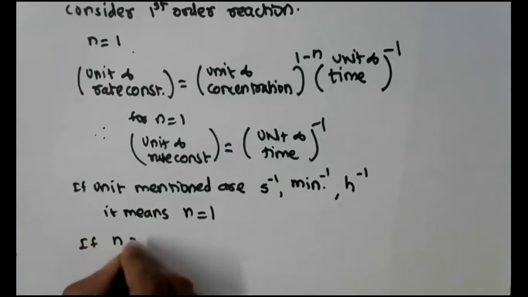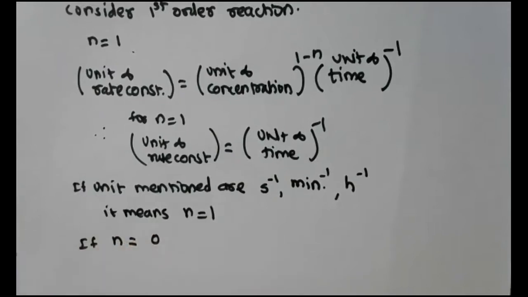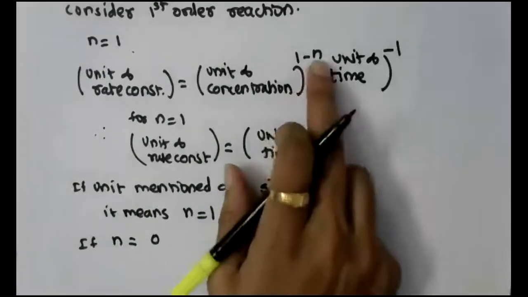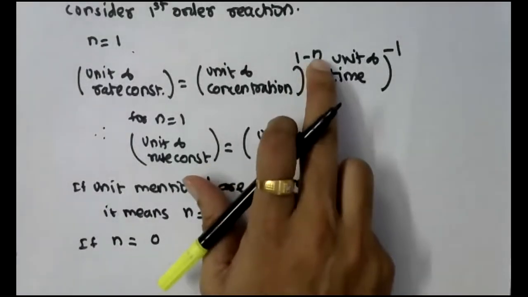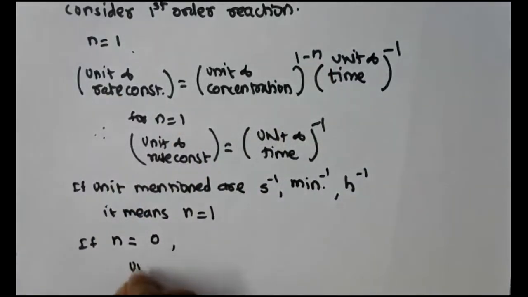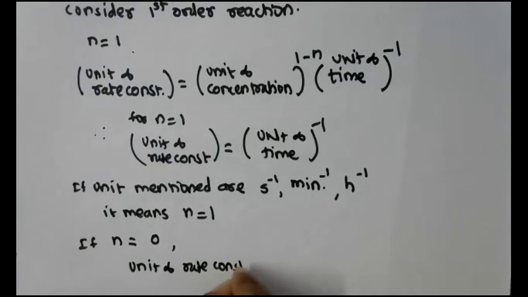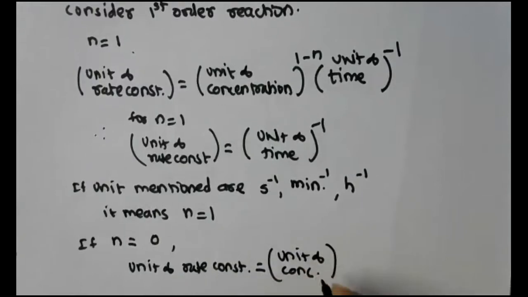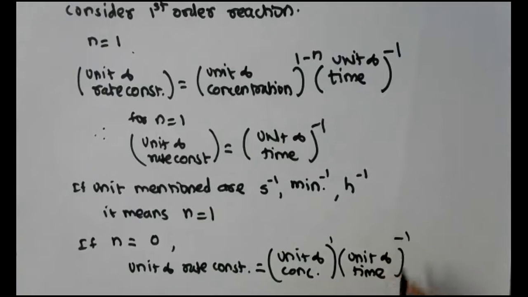Now suppose n is equal to 0. If you substitute n is equal to 0, then unit of rate constant will be equal to unit of concentration raised to 1 minus 0, that is 1, and unit of time raised to minus 1.